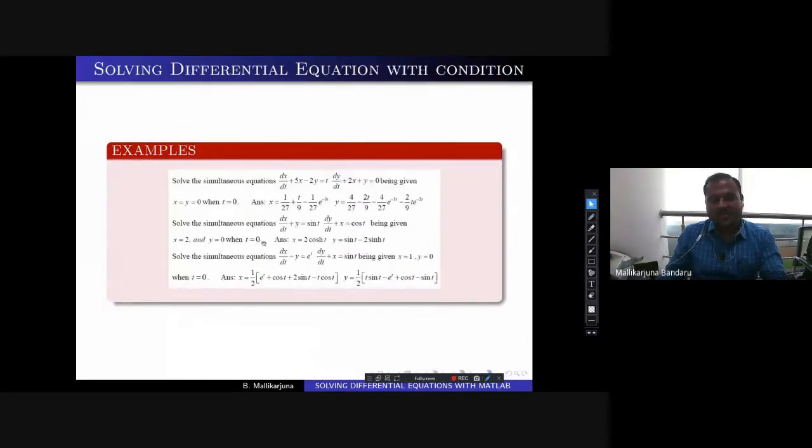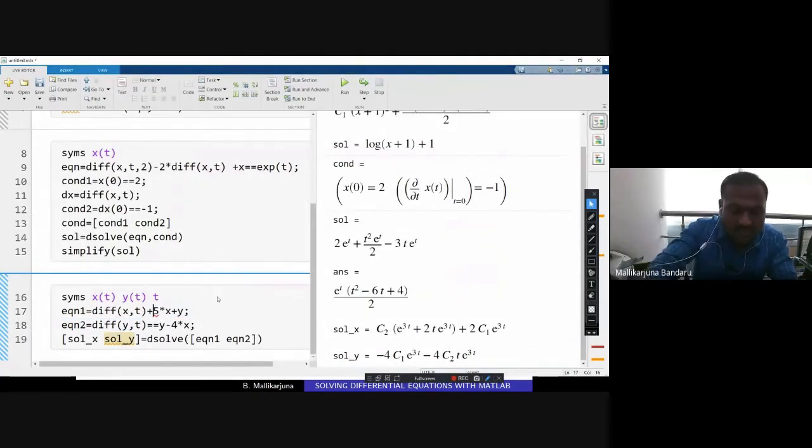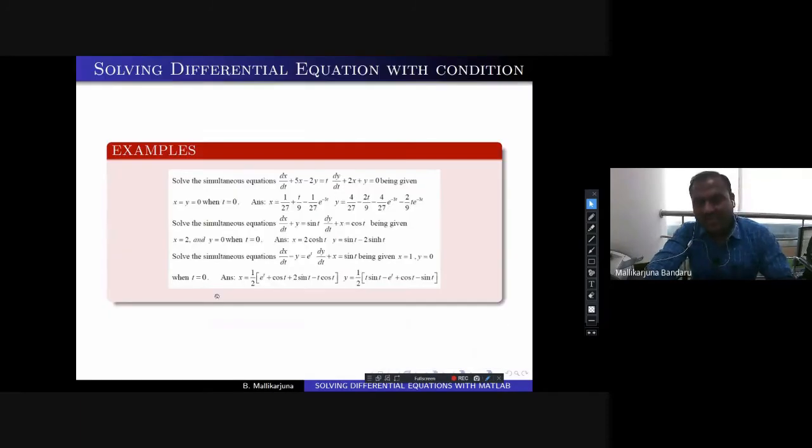So let us try that. For the same equation, I will change it to plus 5x minus 2y is equal to 0. The second one is dy by dt plus 2x plus 2y.